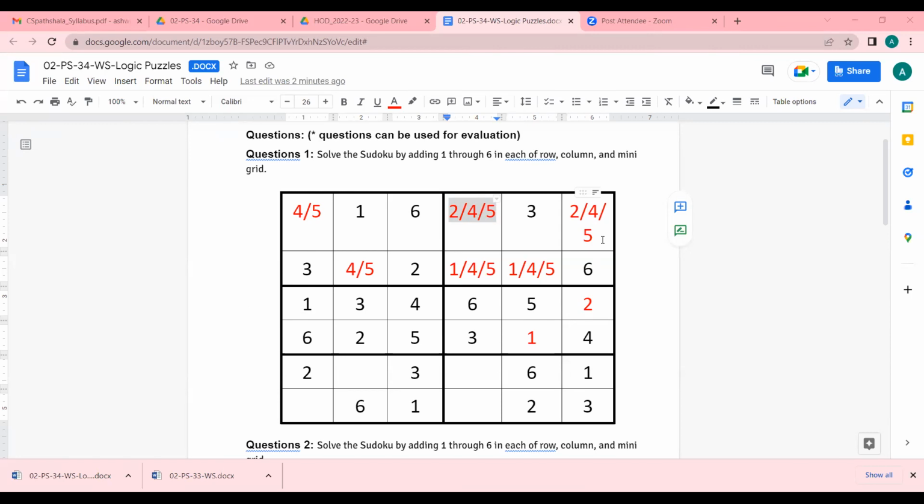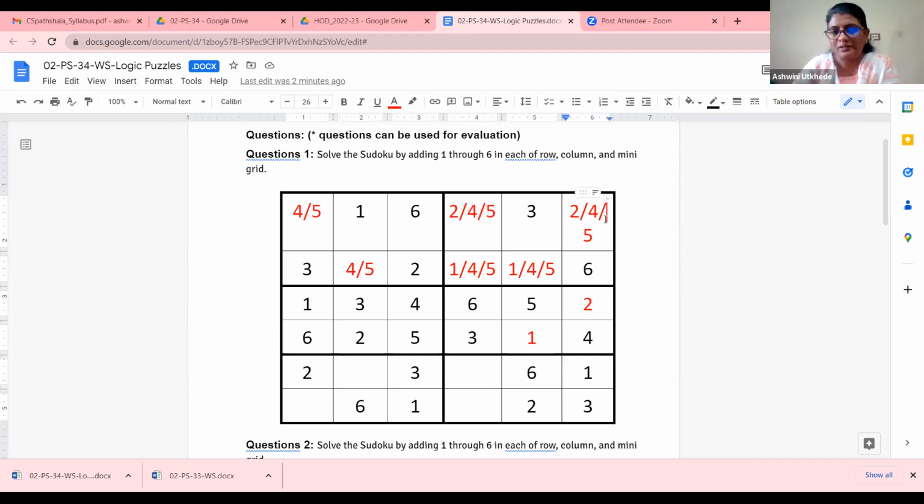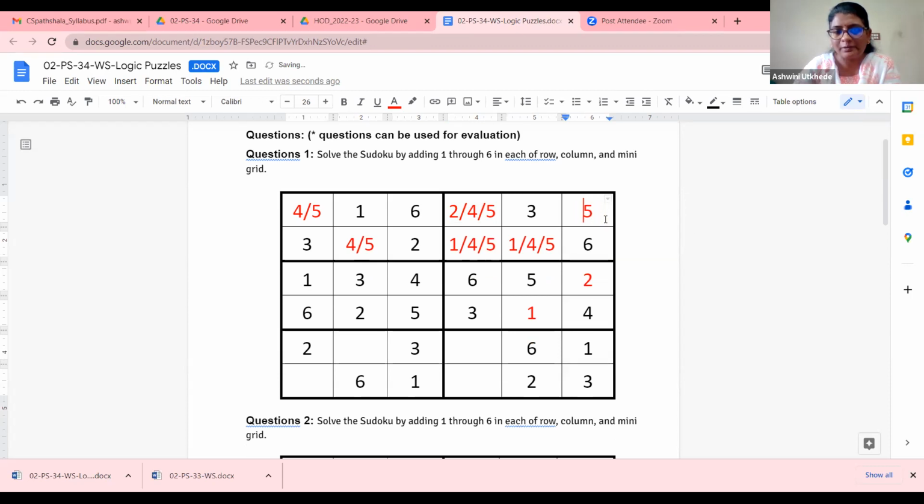Because in the last row all numbers are there, only 5 is missing. When you look at the bottom mini grid, having finished the middle mini grid, you know that 2 and 4 have already come. So Ashwini, remove 2 and 4. Yes, 2 and 4 will be eliminated.